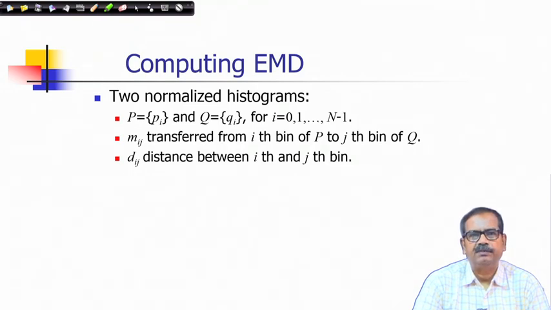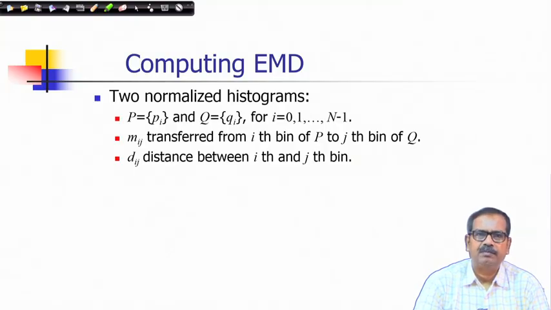Let me provide a bit more mathematical formulation of this computational problem. You consider two normalized histograms, because I assume their mass should be the same. So, the safest way to start is to normalize both histograms, so that their sum of area equals 1, that is the total mass they have. Represent the ith bin of histogram P as small pi and the ith bin of histogram Q as small qi.